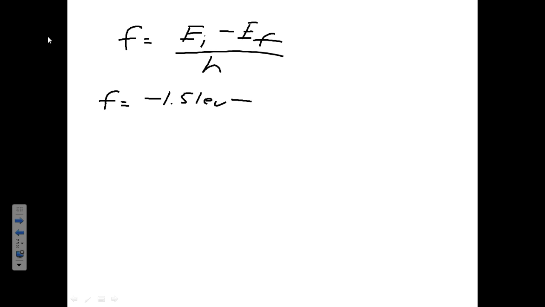We want to subtract from that the final energy, the energy at level 1, which is negative 13.6. If we do the math on that, 12.09. So our frequency is 12, and actually before I go further, that difference is in electron volts.